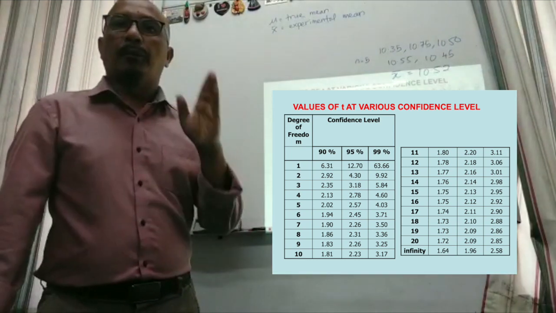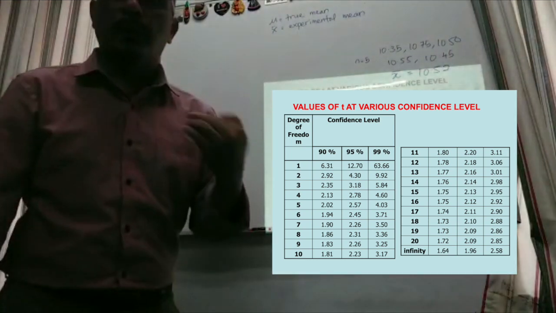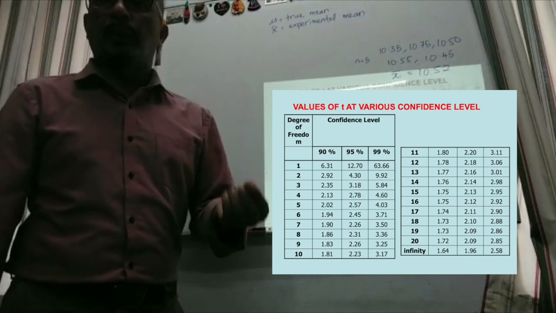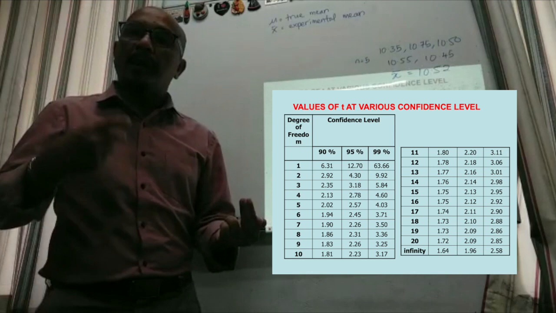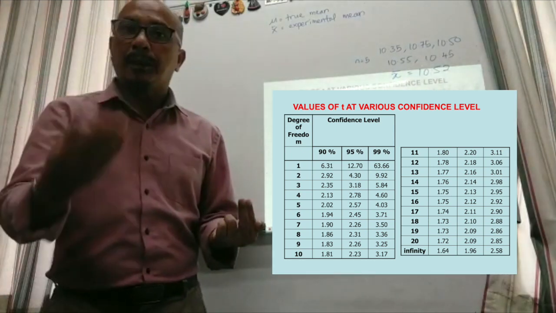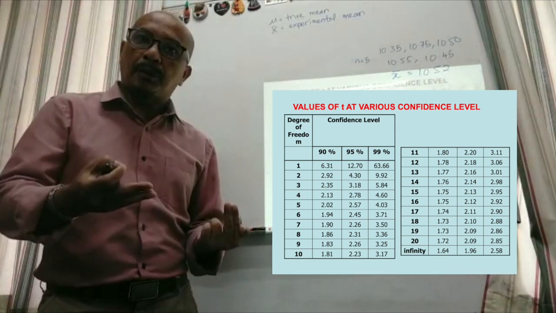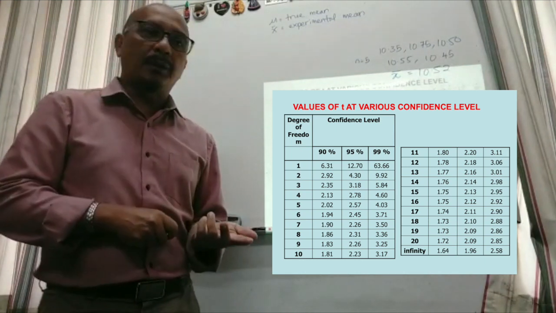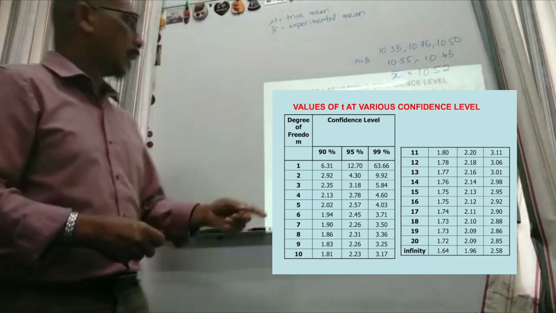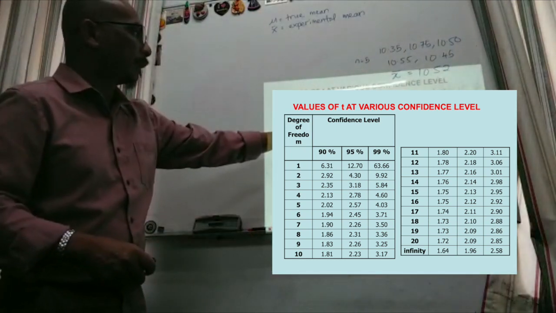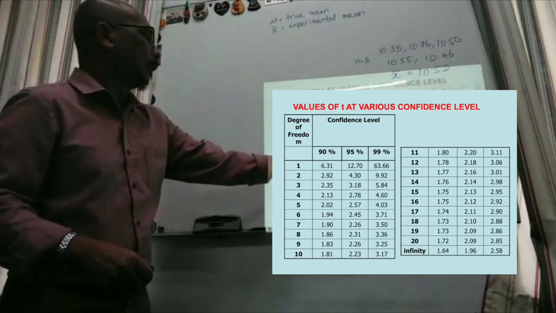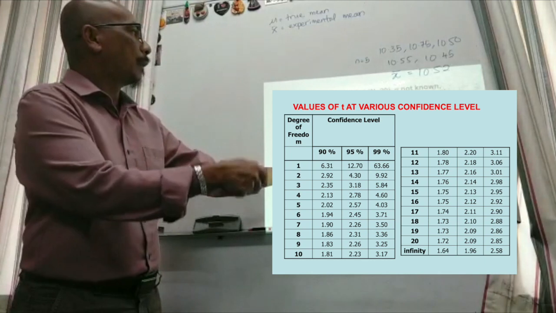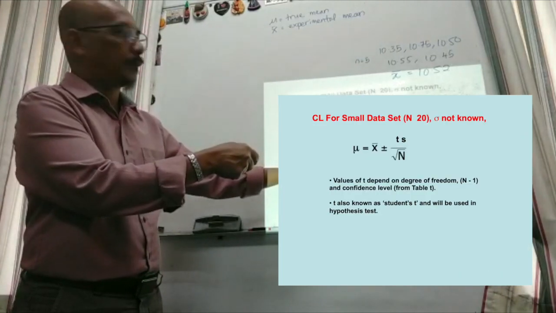We have to consider the degree of freedom. If our replicate is 5, the degree of freedom is 4. So what is the t value at a certain confidence level? Let's say the question asks you at 95%. Our replicate is 5. We look at 95%, the number 4. So the t value is 2.78. So we put it in our formula to calculate.